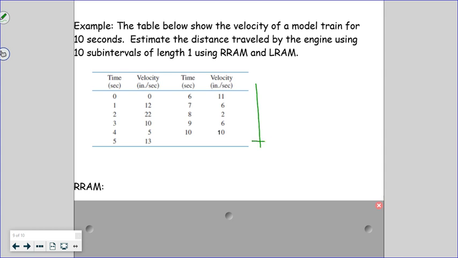If I wanted to do that, remember that what we're looking at are just ordered pairs, right? So if I were looking at this, this is the ordered pair 0, 0, 1, 12. It looks like we get up to like 22.